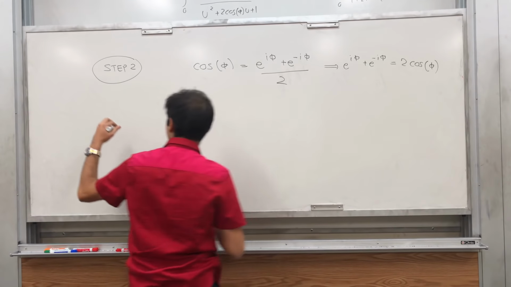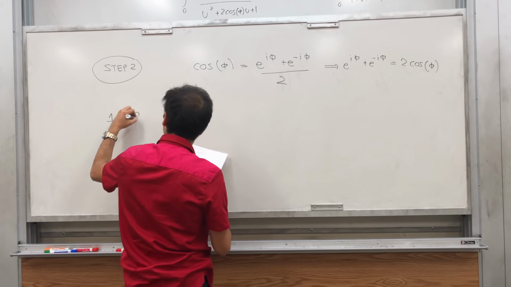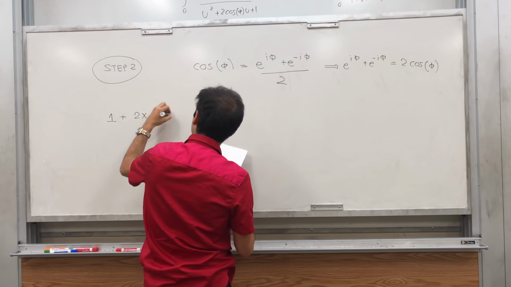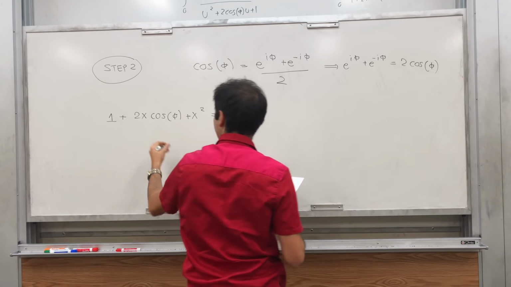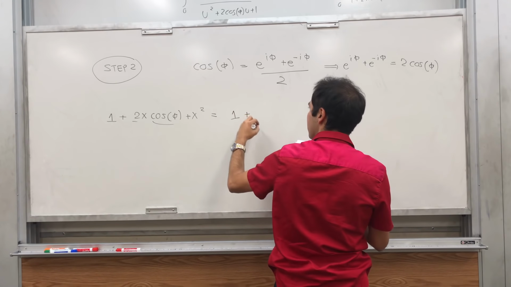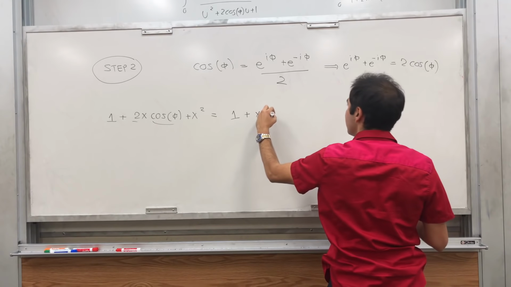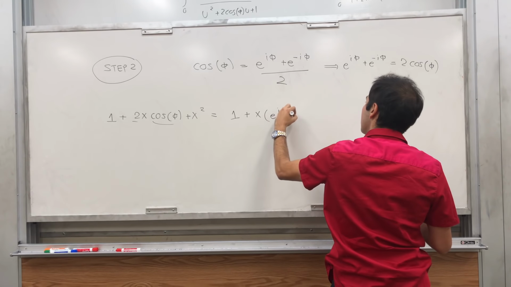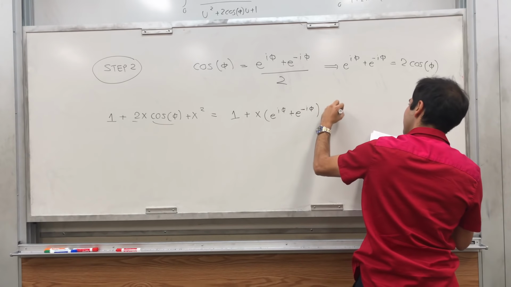So in particular, we can factor this out in a nice way. 2x cosine of phi plus x squared. Well, remember, we had this 2 cosine of phi. That is 1 plus x times e to the i phi plus e to the minus i phi, plus x squared.